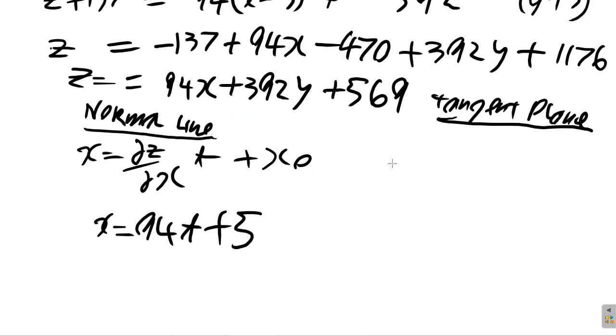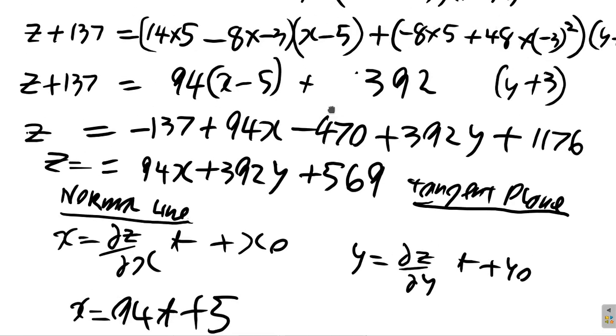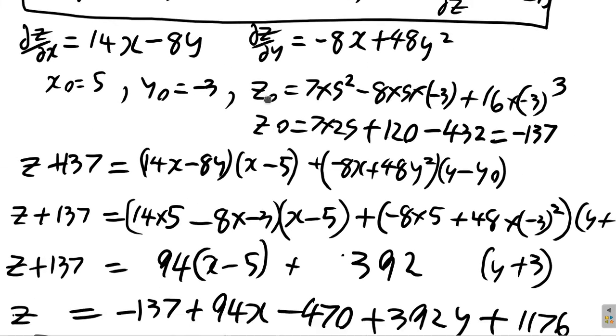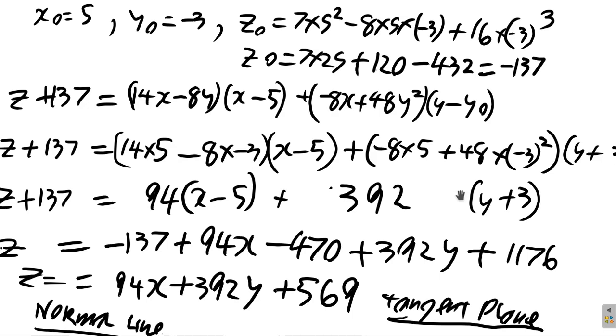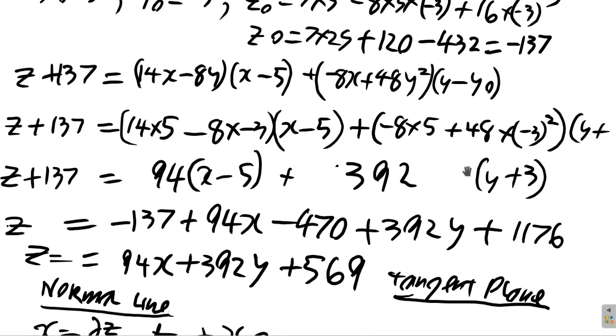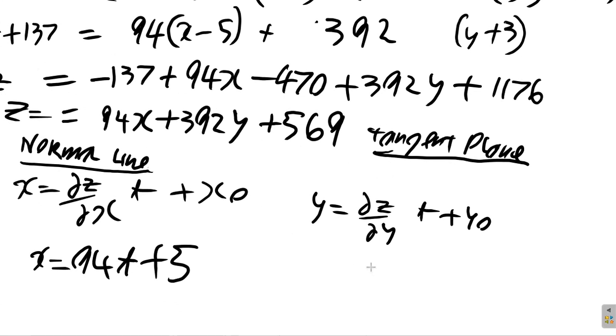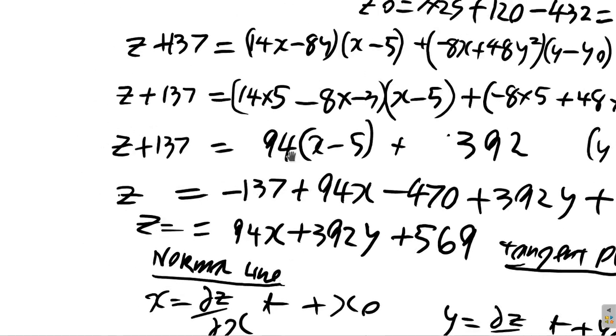The normal line. Now y is equal to delta z by delta y t plus y naught. Now delta z by delta y, we did it already in this part. Okay, we have the 392 there, so y equal 392t plus y naught. What was y naught again?